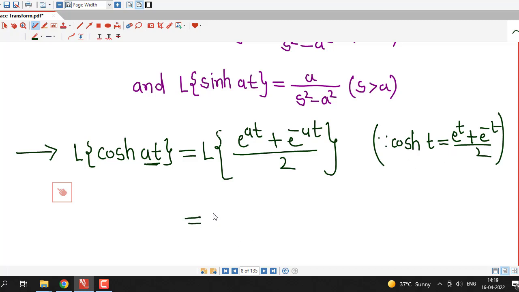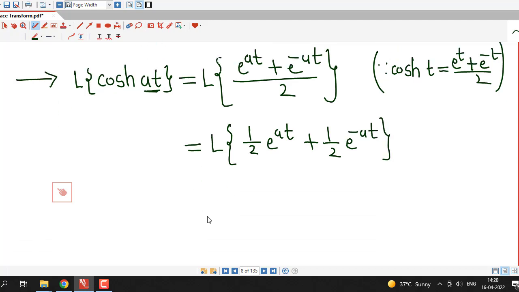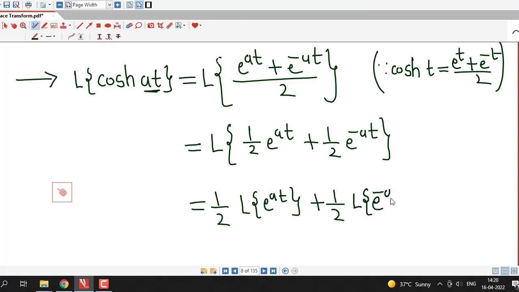Now this is by linearity property, or we can write one more step. This we can rewrite as 1/2 e raised to at plus 1/2 e raised to minus at, and then by linearity property this is going to be 1/2 Laplace transform of e raised to at plus 1/2 Laplace transform of e raised to minus at.